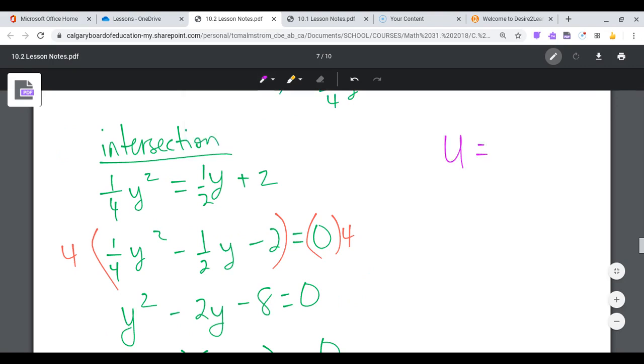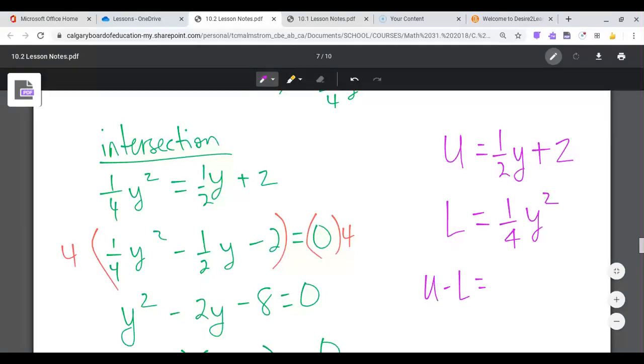And then my upper minus my lower. Who's upper? In this case, thinking who's the furthest on the right when you're looking at it sideways, the upper guy is your line. That was 2x minus 4, but we want that in terms of y. So that was 1/2 y plus 2. And then my lower is my 1/4 y squared. So upper minus lower is 1/2 y plus 2 subtract 1/4 y squared.